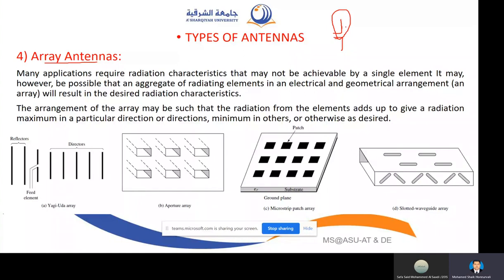Maybe you need another dipole on the same substrate. Maybe you need a third dipole. You need multiple antennas in the same region. Such kind of arrangement, such kind of placement on the substrate by some distance, such geometrical arrangement, we call array antennas.